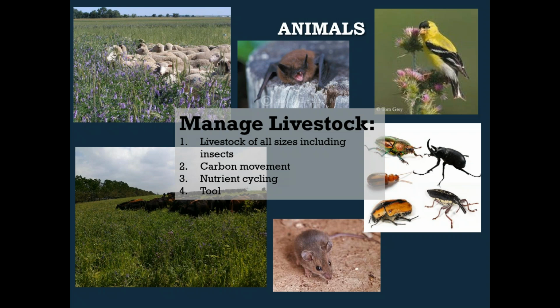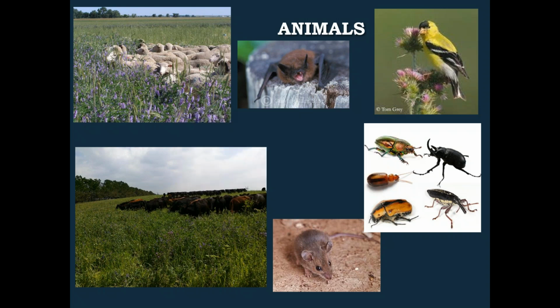And then when it comes to the grazers, looking at how we might be able to manage the large grazers that we have. All of these organisms are having an impact on the plant. And that's really what we're trying to focus in on, the impact that these organisms can have on the plant.